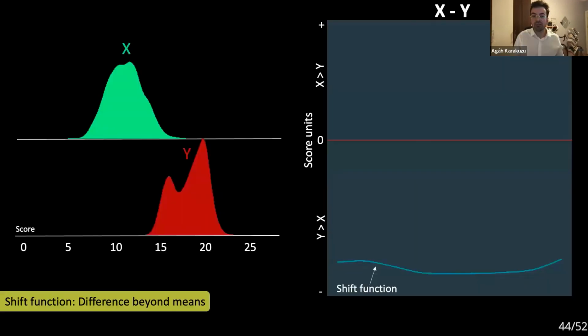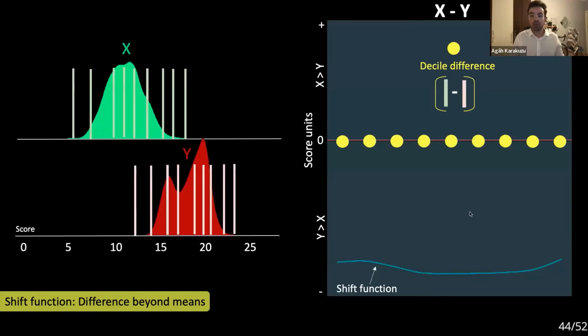So that's why we used shift function analysis to characterize differences throughout the relevant range of the distributions in white matter. So shift function splits both distributions into deciles, or 1/10 of the distribution, and then it shifts each decile to the second distribution to match the corresponding decile of the first distribution.